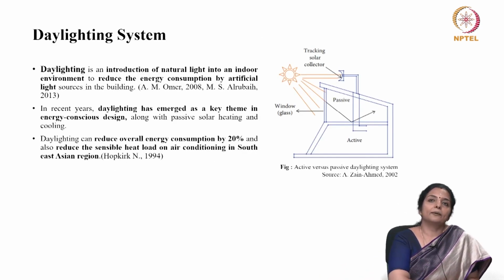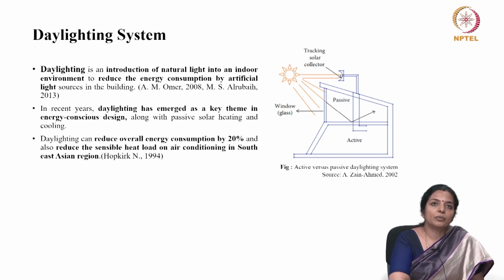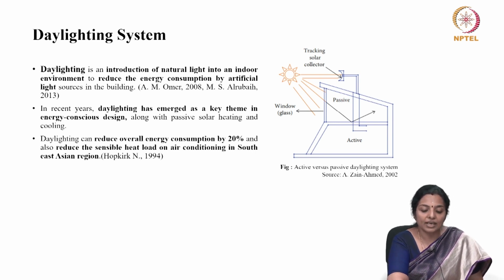Let us look at the differences between passive and active daylighting system as well defined by how sunlight is captured and disseminated. Daylight is an introduction to natural light into the indoor environment and it helps reduce energy consumption by artificial sources in the building.